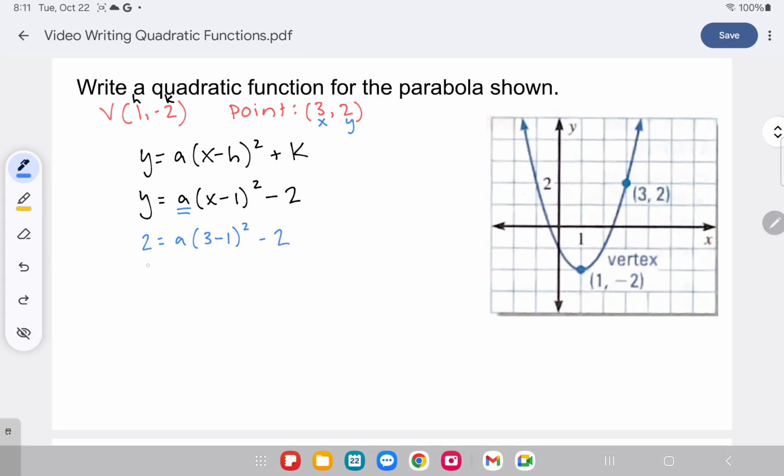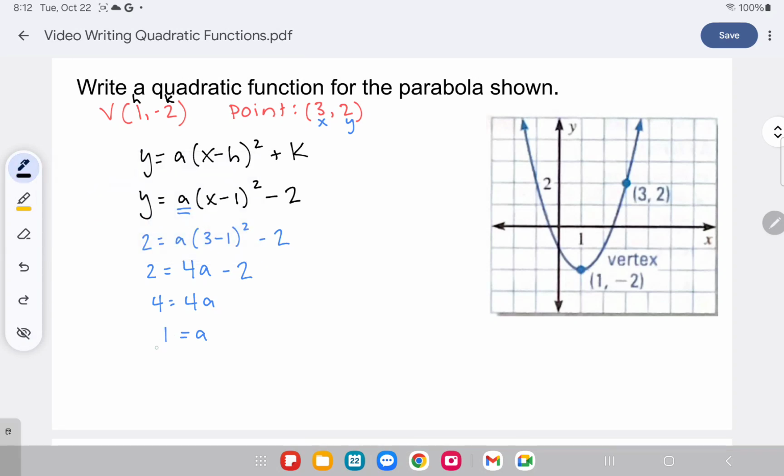When we solve for a, let's make sure we're using order of operations correctly. 3 minus 1 is 2, squared is 4. So we have a times 4, or 4a. And then continuing to solve for a, we add 2 to both sides. And then divide by the 4 to get a equals 1.